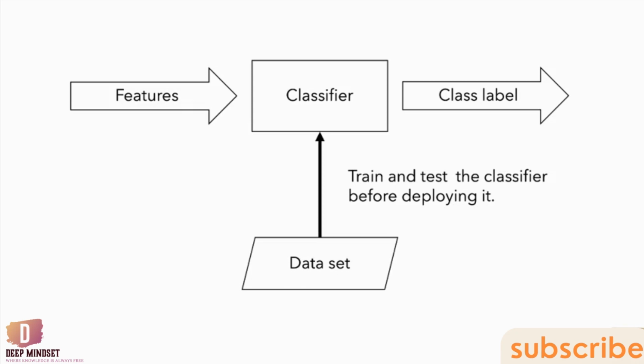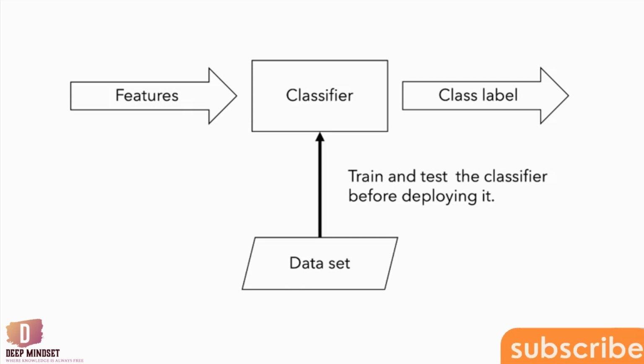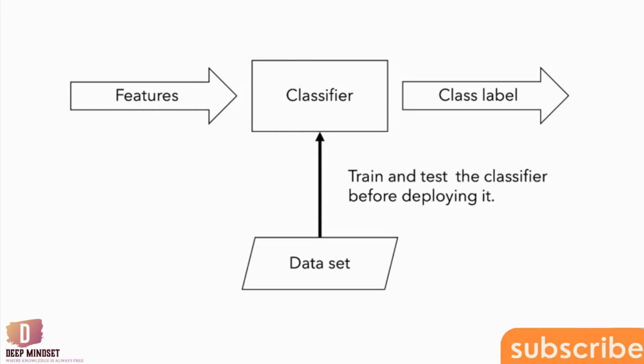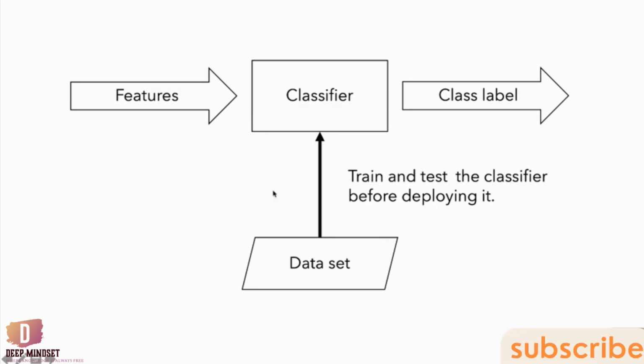Class labels, omega 1, omega 2, etc. So basically, we got something in the middle that we call a classifier, a routine, an algorithm, whatever. And that's going to look at the features from objects in a dataset in order to predict class labels.